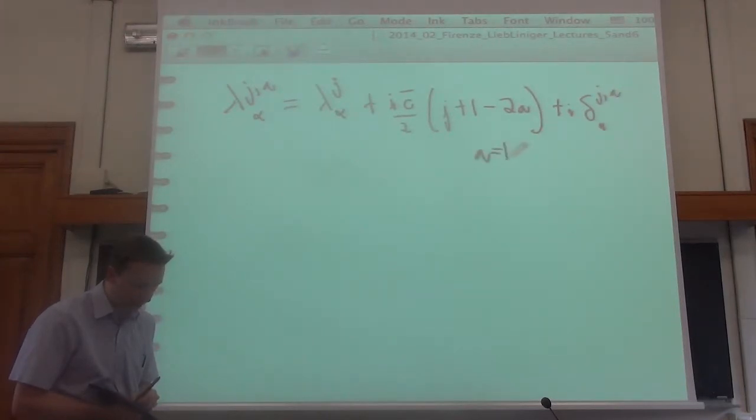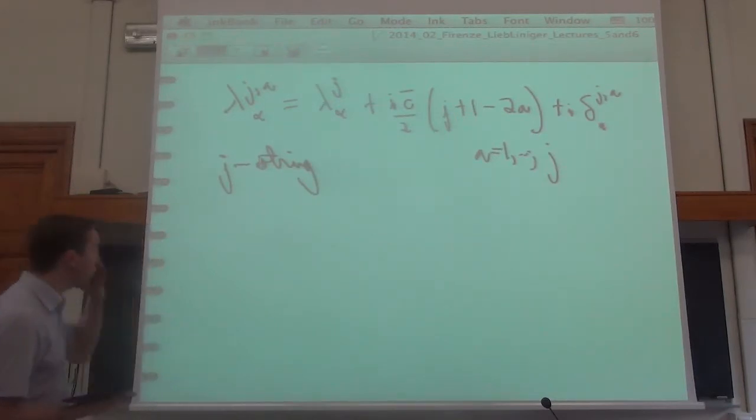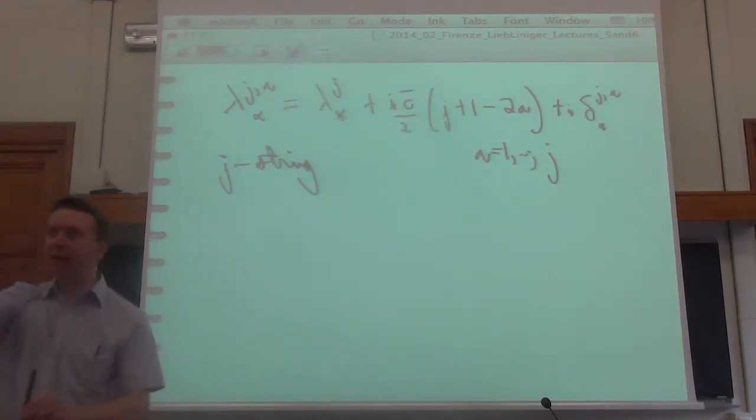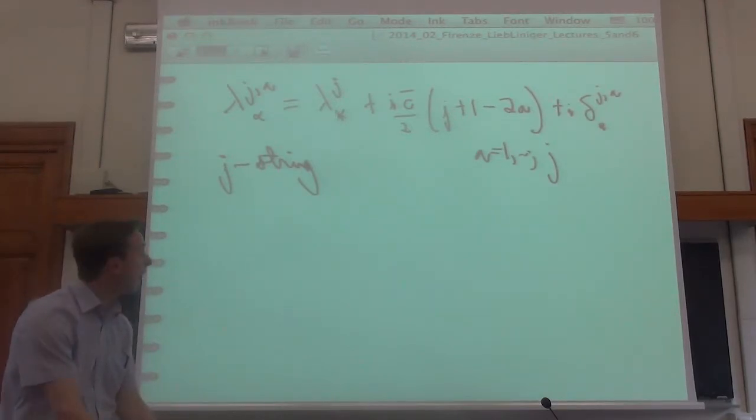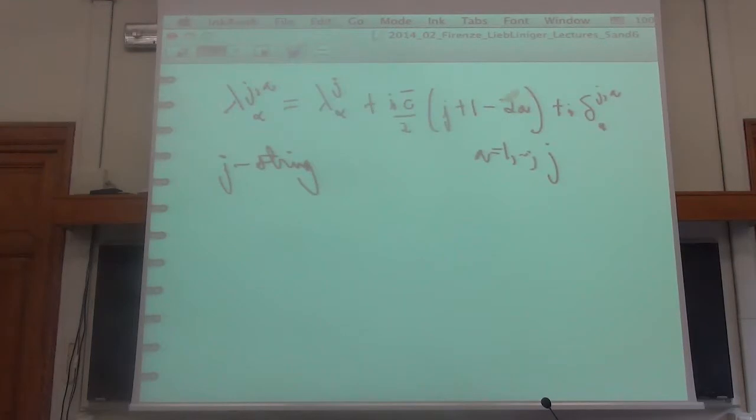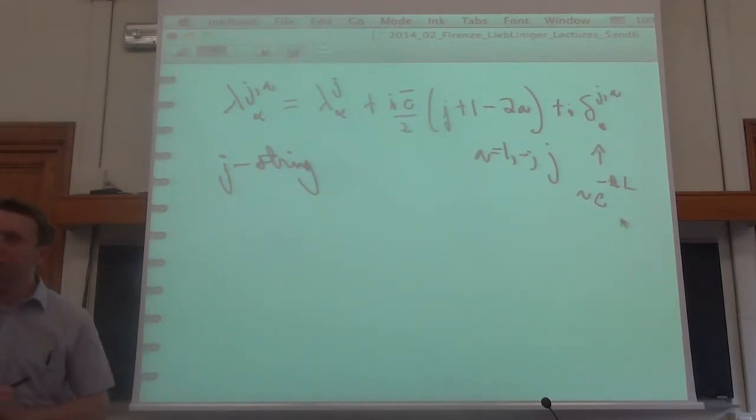And here a equals 1 up to j, so this is for a j string. A length j string is characterized by a center, that is the coordinate on the real axis representing the center of mass of your string. Then it has the imaginary parts, which are on this evenly spaced ladder, which is self-conjugate. And it has deviations, which you expect to be exponentially small in system size, under certain conditions.